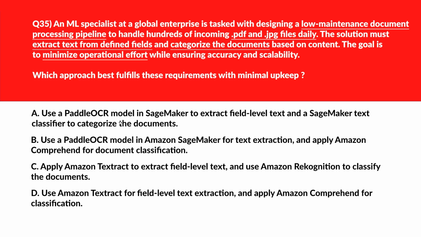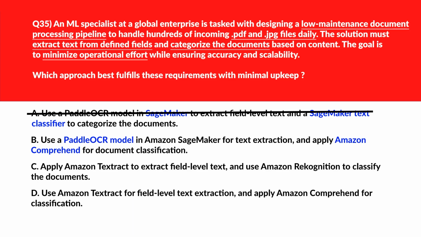Option A says use a PaddleOCR model in SageMaker to extract field level text and a SageMaker text classifier to categorize the documents. SageMaker requires model management and tuning, increasing operational effort. As per the question, we need operational effort low, right? So therefore this won't fit in.